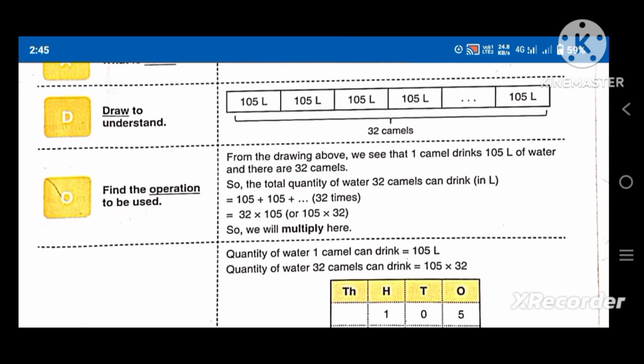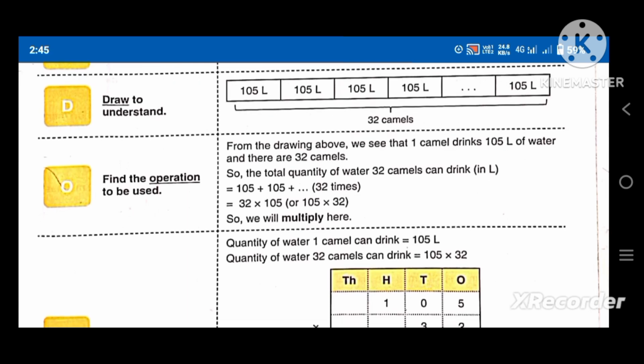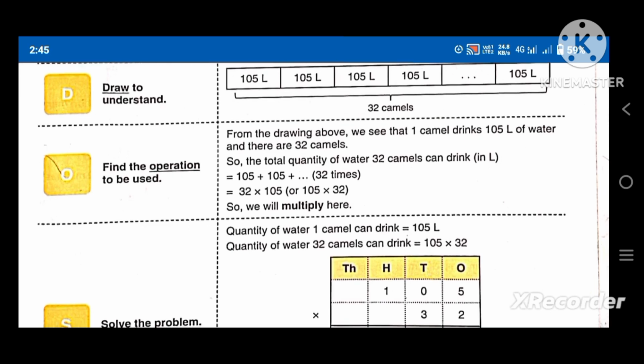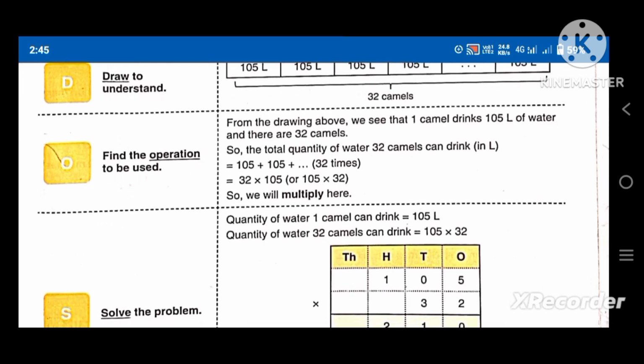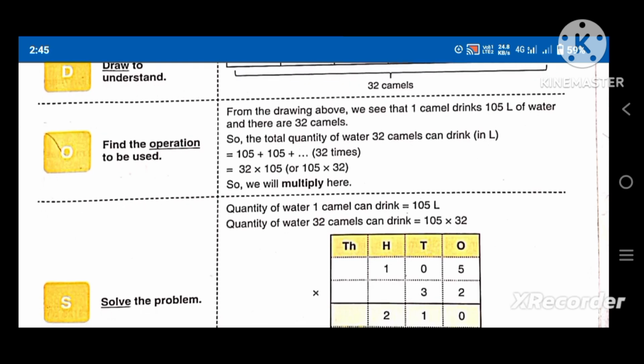Quantity of water one camel can drink is equal to 105 liters. Quantity of water 32 camels can drink is equal to 105 into 32. Put the digits in their place value table. Solve the problem.